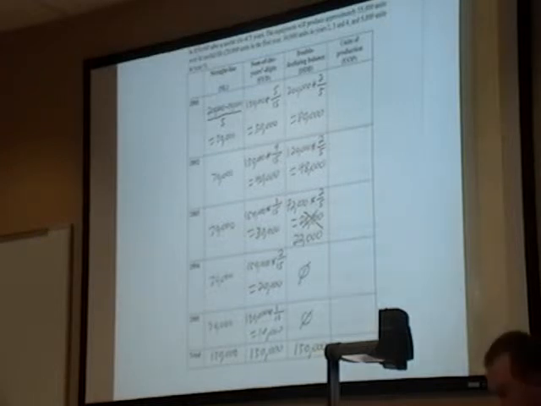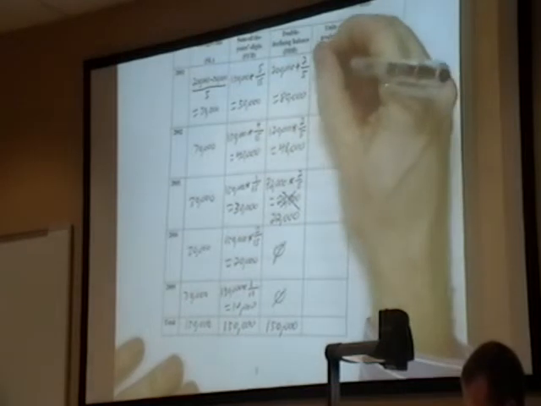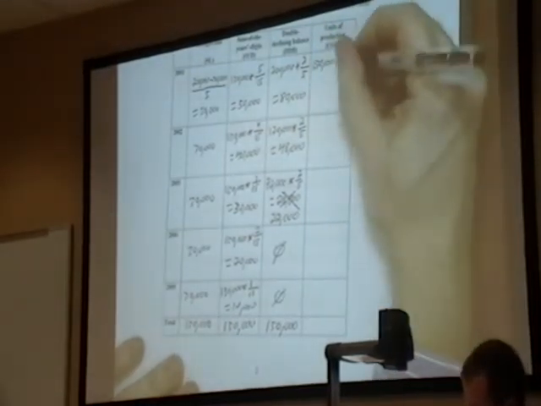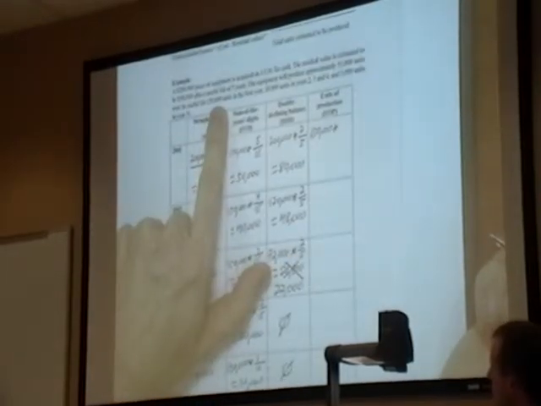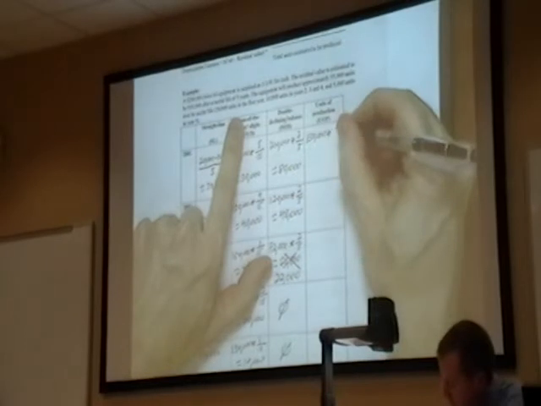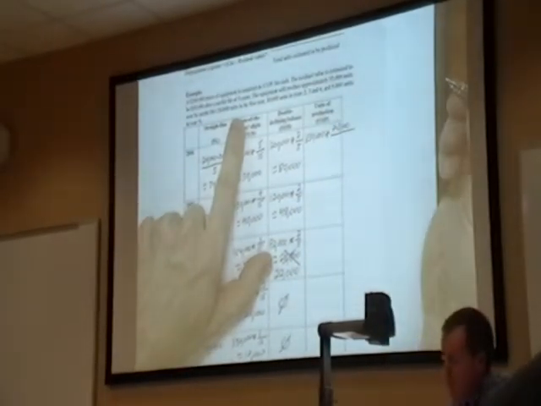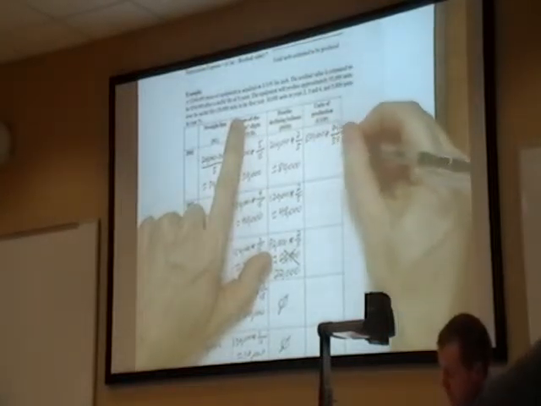Right. Units of production is our last method, and we're going to take our depreciable base, and we're going to multiply that by the number of units that they produced in this first year, 20,000, divided by the total number of units they expect to produce, which is 55,000.